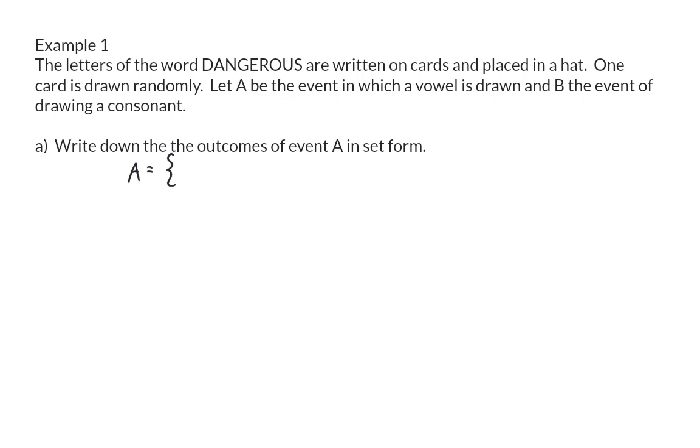You are asked to give the outcomes for event A, which is choosing a vowel. The vowels are A, E, I, O, and U, and in the word dangerous we have an A, E, O, and U. So when listing all the outcomes, we have {A, E, O, U}.